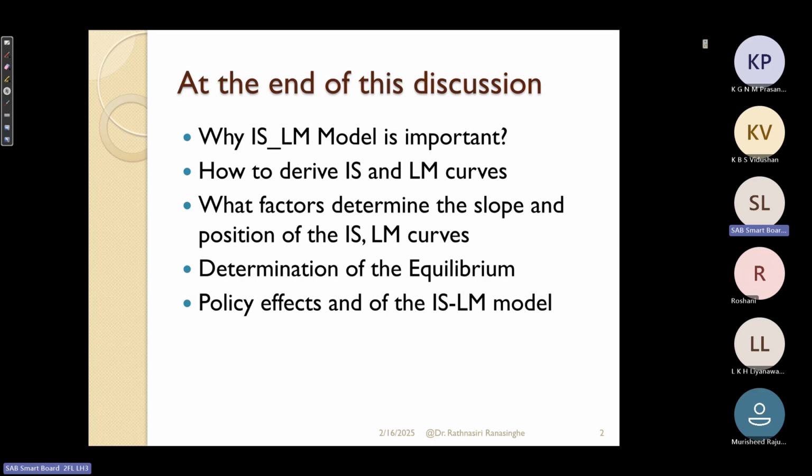We are not going to talk about the open economy IS-LM model. We have one more day to go, so let's try to finish this as much as possible. That is the outline of what we are planning to do this day and the next day.